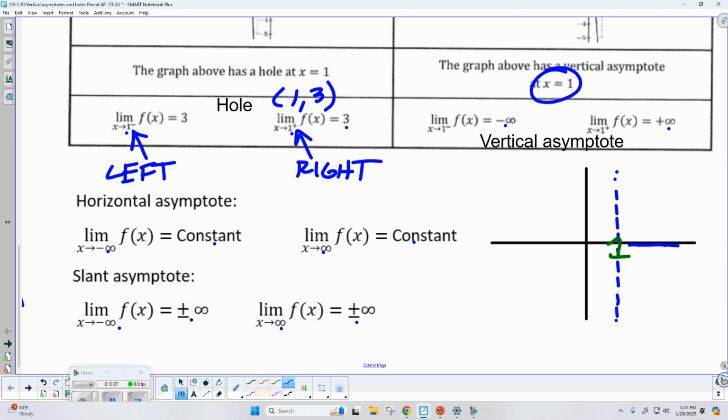It's either going to decide to curve up to positive infinity along the asymptote, or it's going to decide to curve down to negative infinity along the asymptote. It's going to do the same thing on both sides. So on the left side, it's going to decide to curve up, or it's going to decide to curve down. That's what this information here is telling me. In fact, one of the last problems we look at today, I'm going to show you how to do that. Okay. So are there any questions how to tell your limit statements apart?